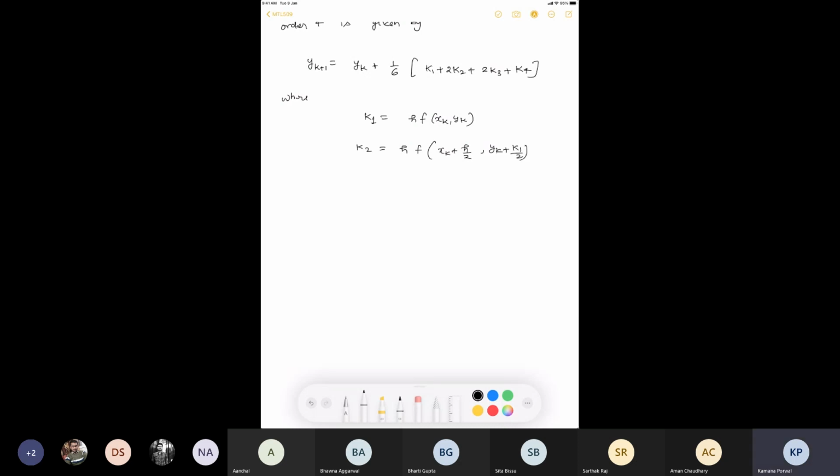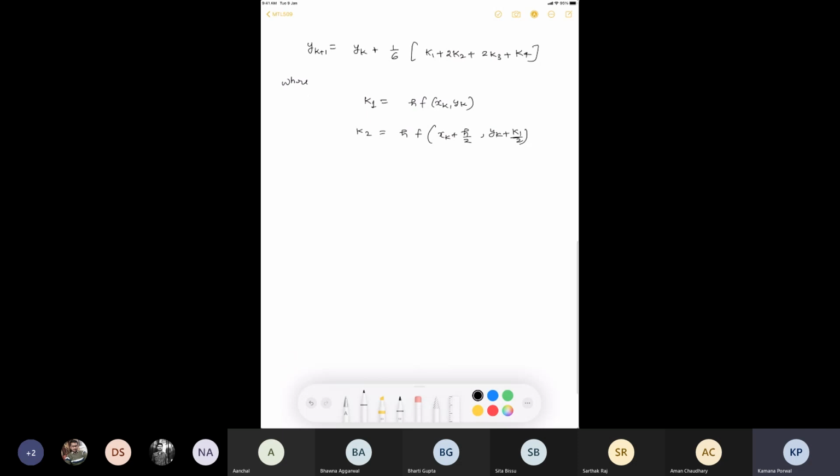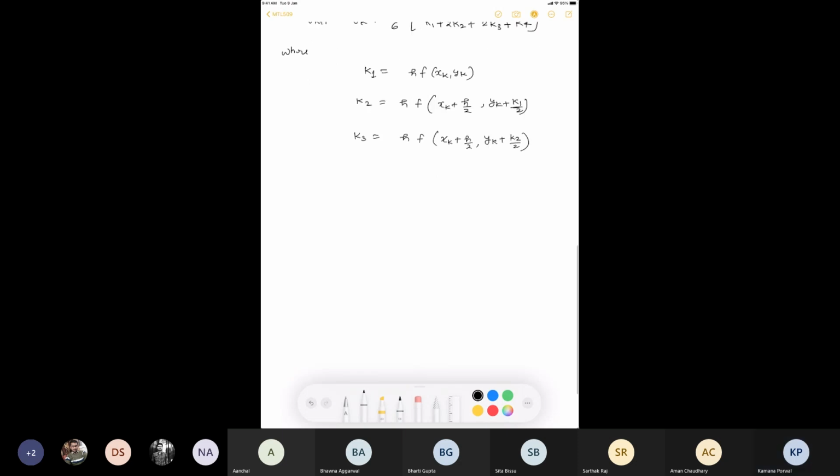Note that we have already computed k1, so k1 is known and you can compute k2. Now using k2, I compute k3, which is h times f evaluated at x_k plus h by 2, y_k plus k2 by 2, and k4 is h times f evaluated at x_k plus h, y_k plus k3.